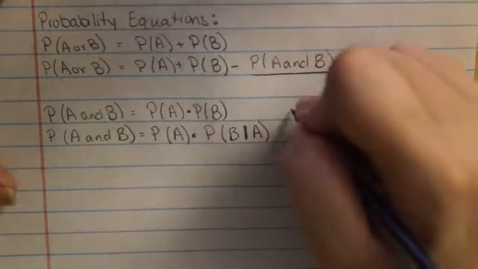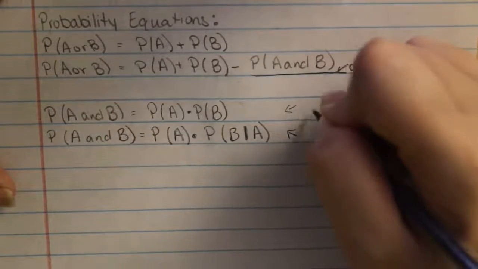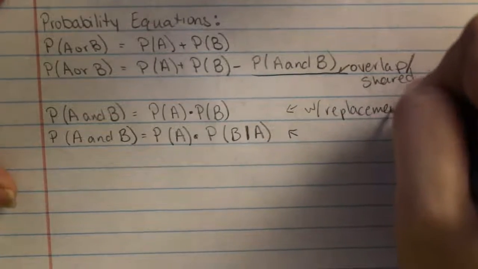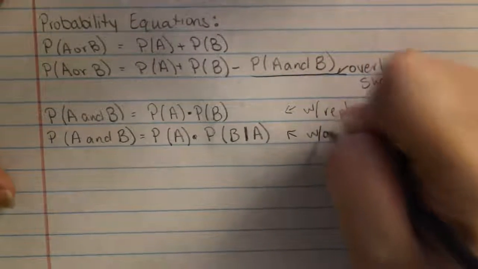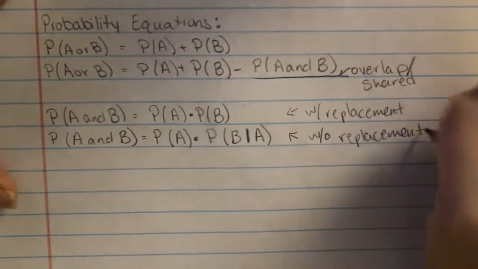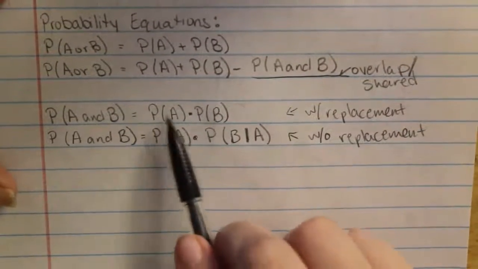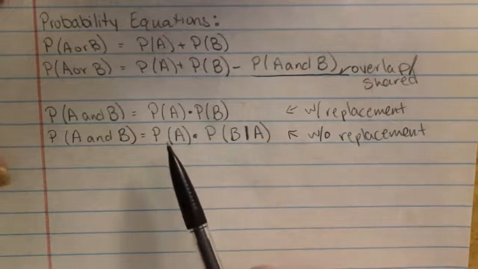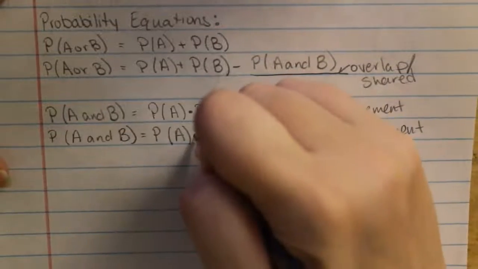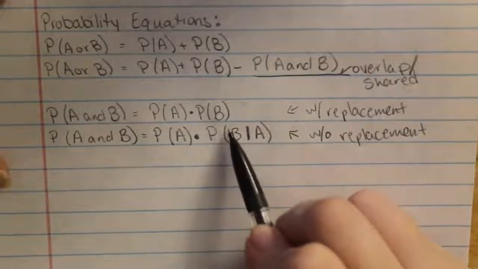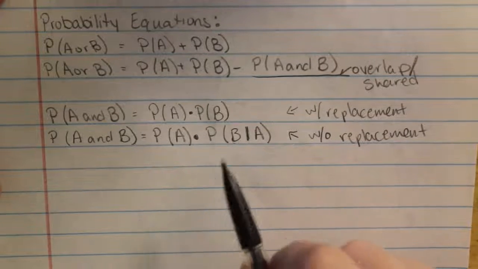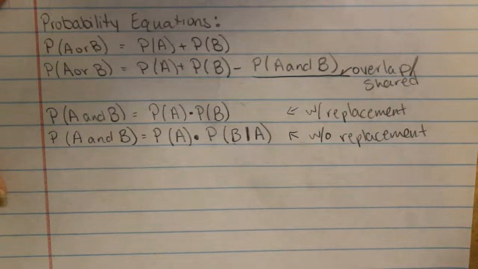And this one is without replacement: picking a red marble and then a blue marble. I would have to take into account for the second pick that I already took a marble out. So while I may be picking a different color, I have fewer marbles in there. So it changes the probability of things.